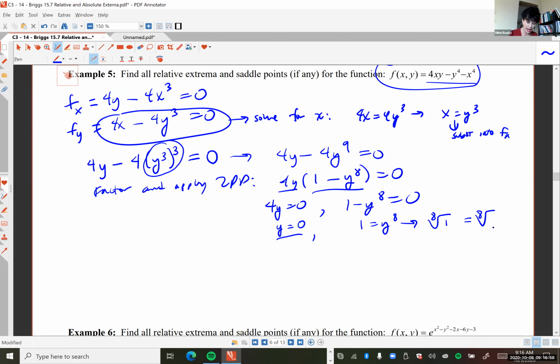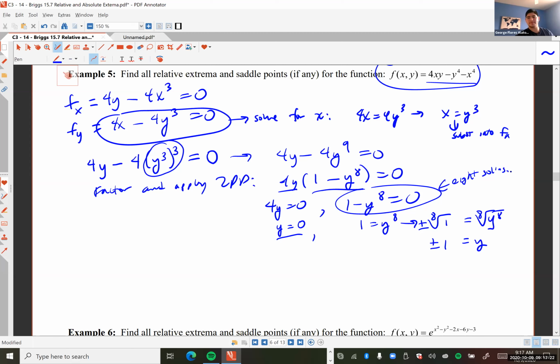But what do I have to remember when I take an even root of both sides of an equation, folks? Plus or minus. So plus or minus the 8th root of 1, and we're just going to go for the real answers only, because ordinarily this would have 8 solutions, right? Yeah, you get 8 solutions. I'm not making this up, for real.